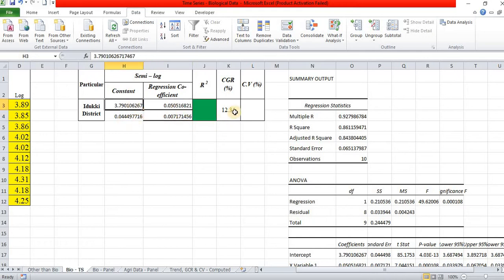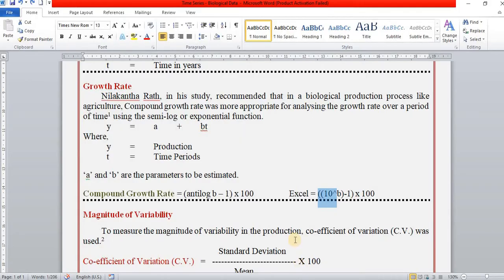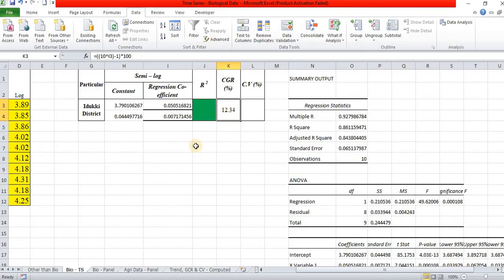Now we have copied, but how do we get the compound growth rate? So this is the value of b. What is the formula? The formula is anti-log of b minus 1. In Excel, we have to apply the formula 10 to the power b minus 1 into 100. So in the same way, 10 to the power b value. What is b value?